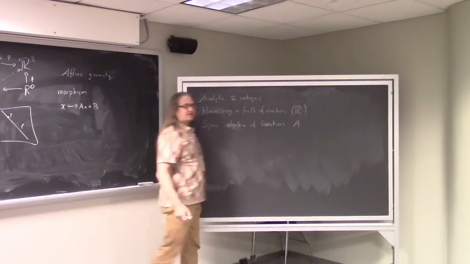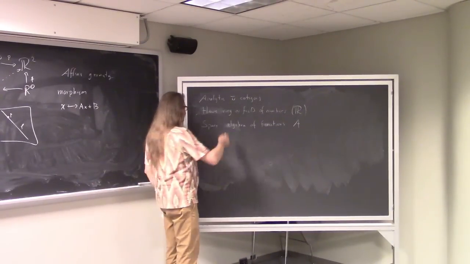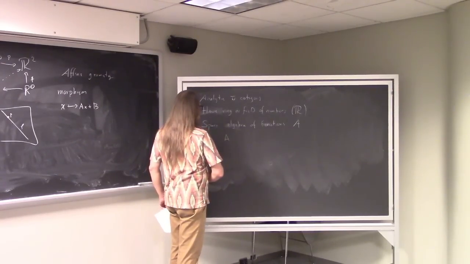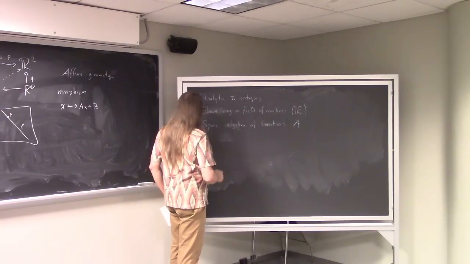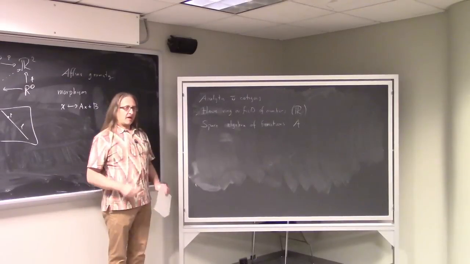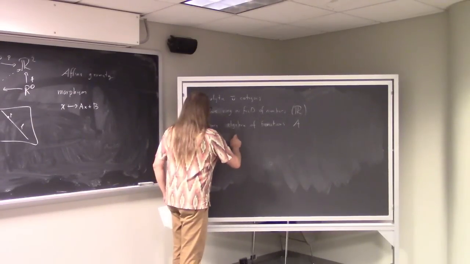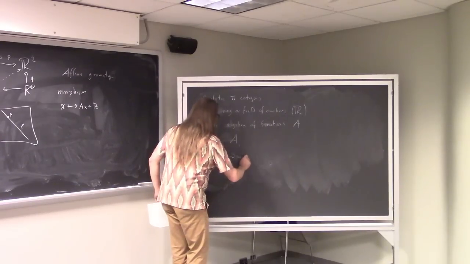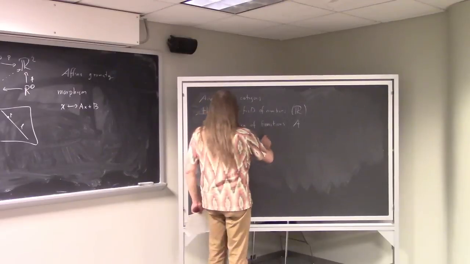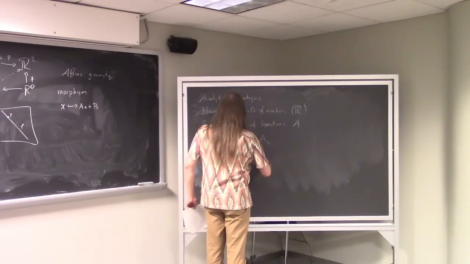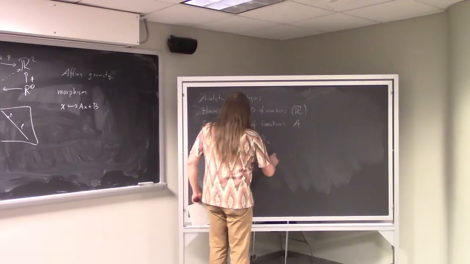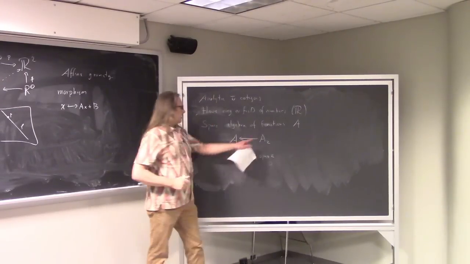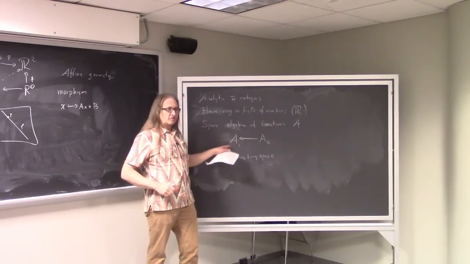If I have two spaces, say this is the algebra of functions over space 1 and the algebra of functions over space 2, then a mapping from 1 to 2 gives me a mapping from functions on 2 to functions on 1.